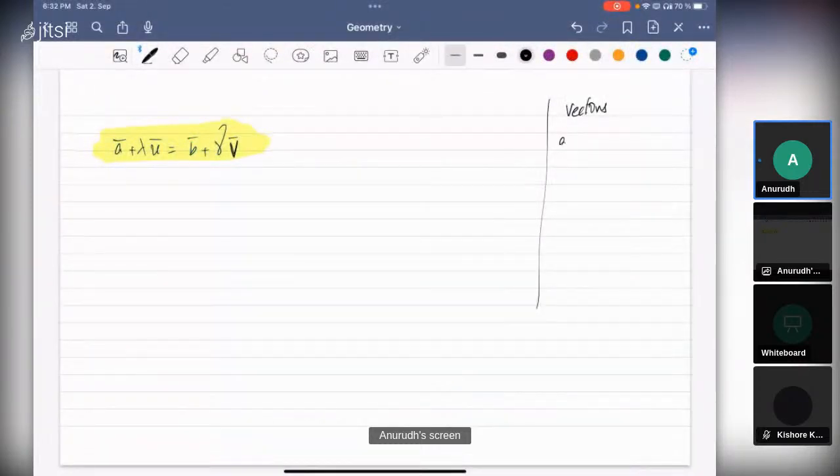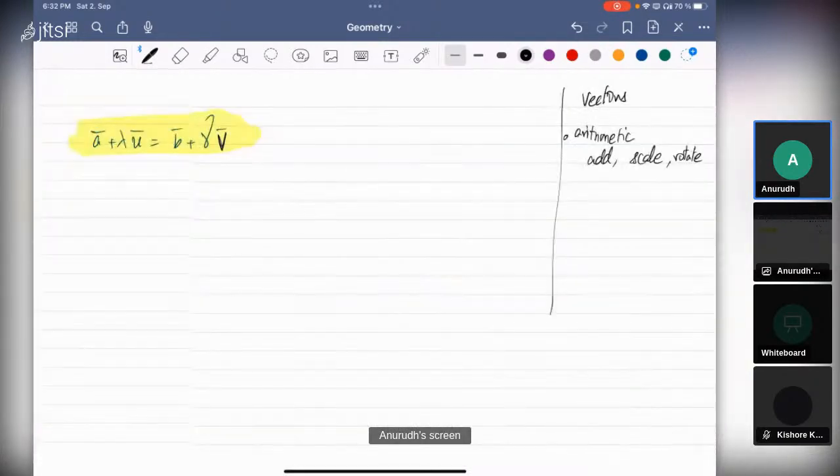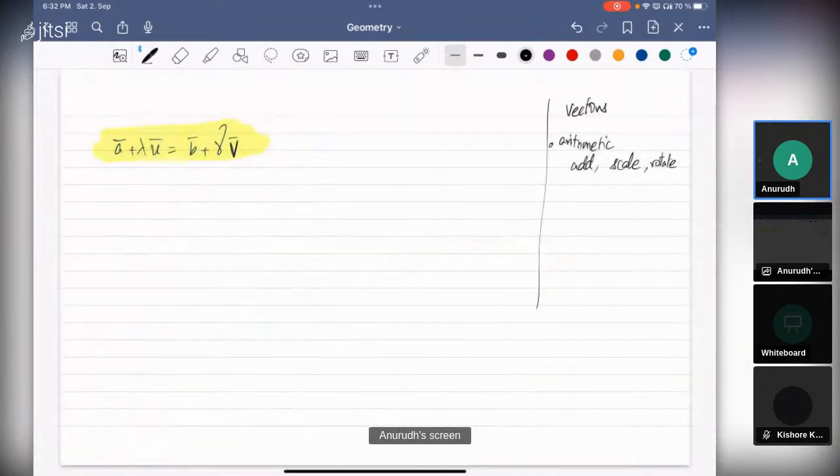That is, you can do normal arithmetic: you can add vectors, you can scale vectors, you can rotate them as we've discussed before, and reflect and so on. These are geometric transformations like rotations and reflections.